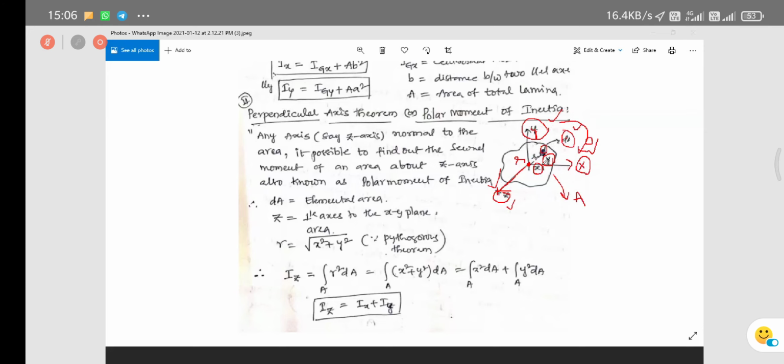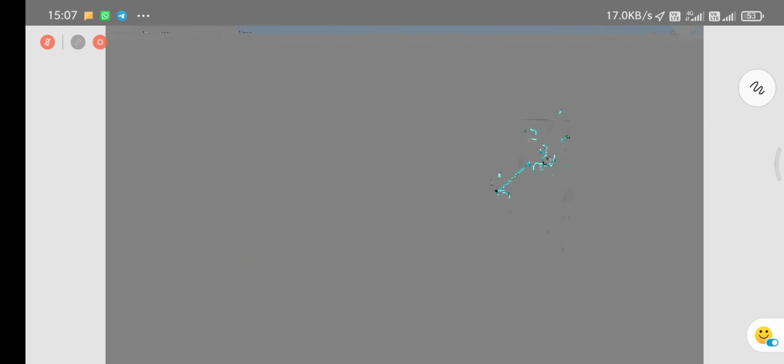Now we know that the moment of inertia about any axis is the product of the area and the square of the perpendicular distance.